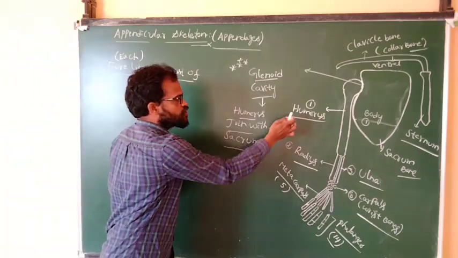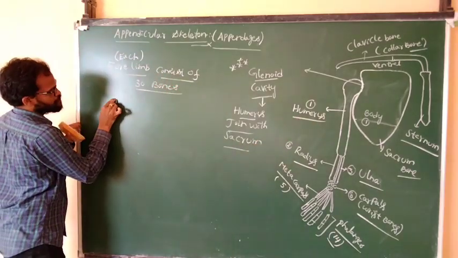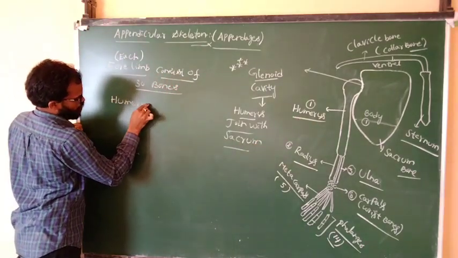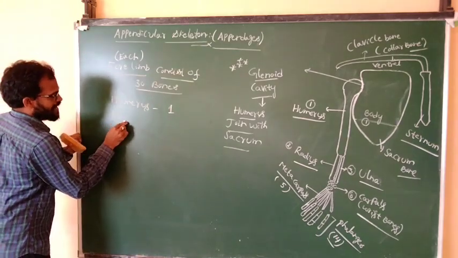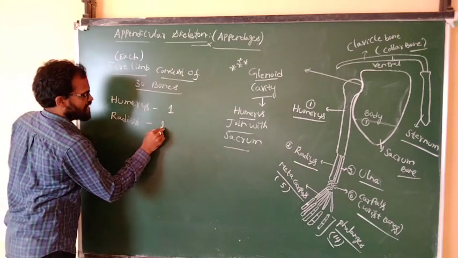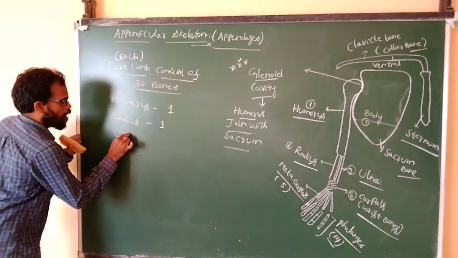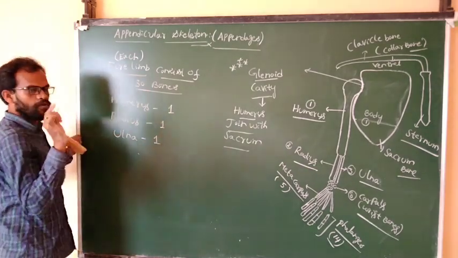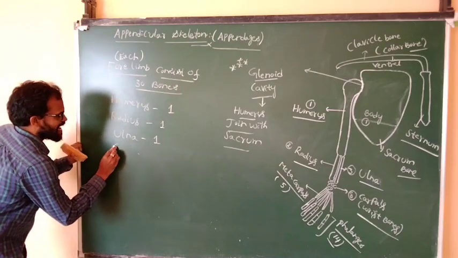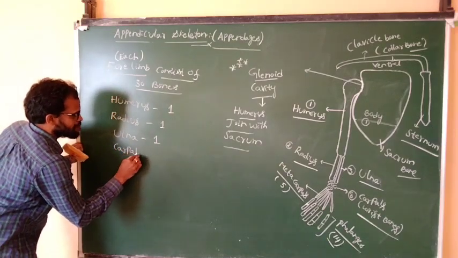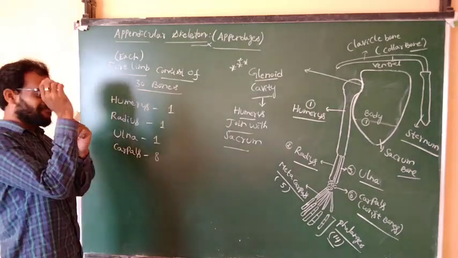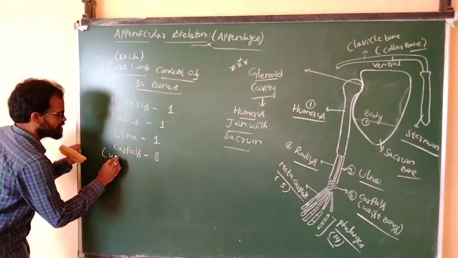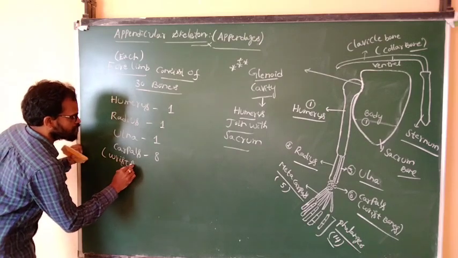First one, humerus. How many? One. Next one, radius. One. Ulna. One. Next one, carpals. How many carpals? 8 carpals, which are the wrist bones.